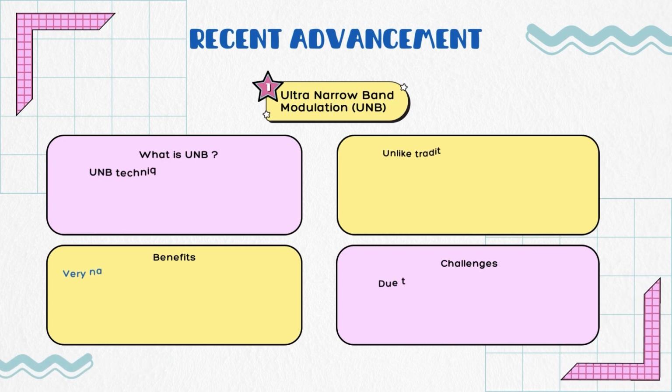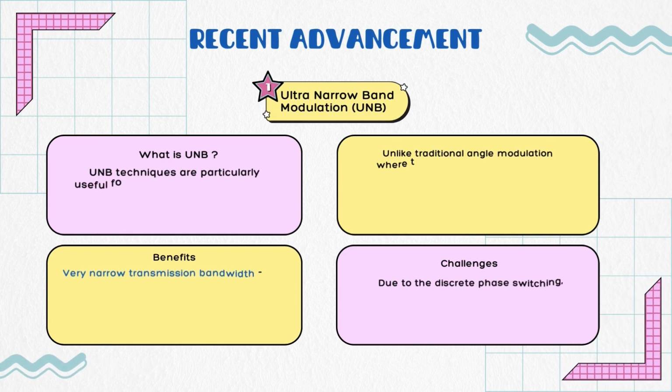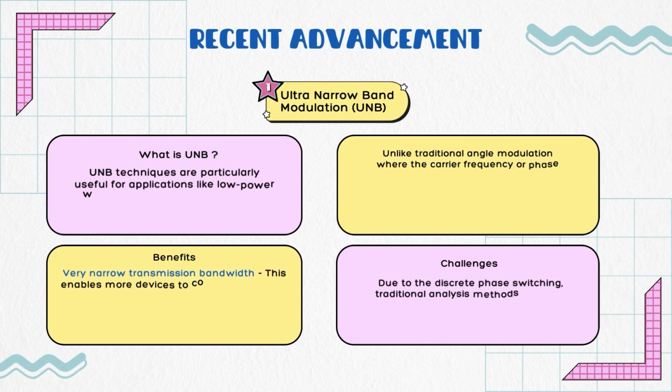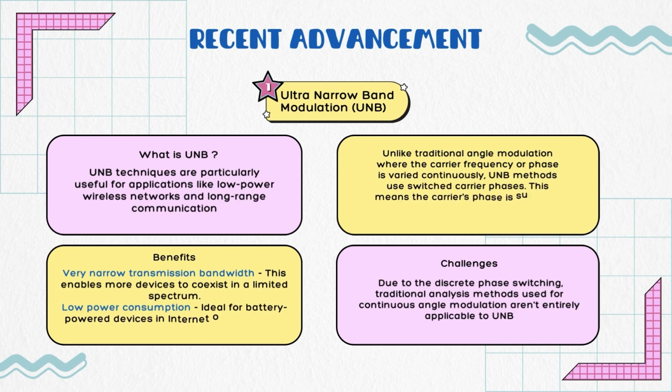Okay, now we can see the recent advancement in angle modulation, which is ultra narrow band modulation. Ultra narrow band modulation techniques are particularly used for applications like low power wireless networks and long range communication.